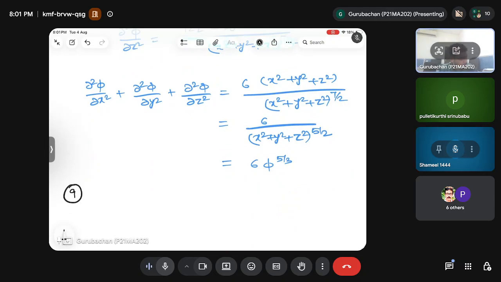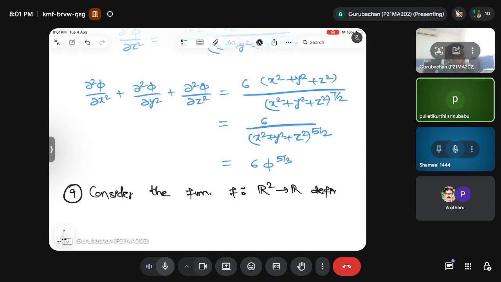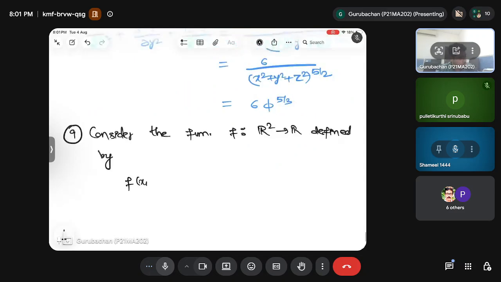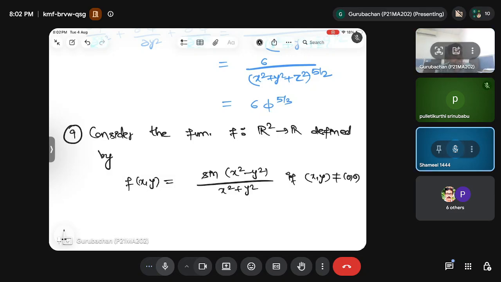Okay, just let me write the last one. It will be your homework. f from R square to R defined by f(x, y) equal to sine of (x square minus y square) divided by (x square plus y square), if (x, y) is not equal to (0, 0).